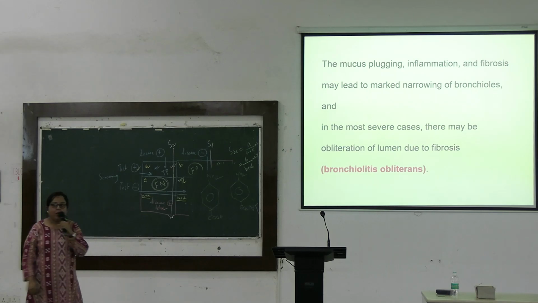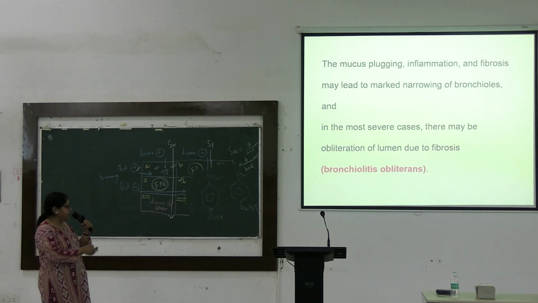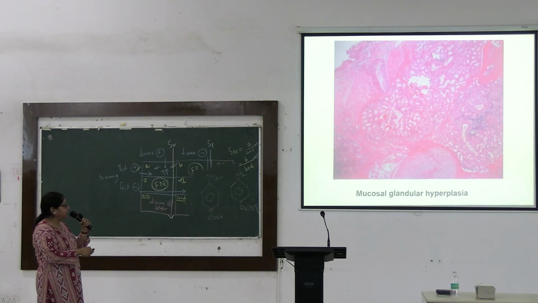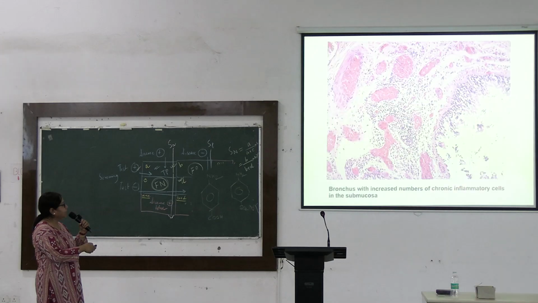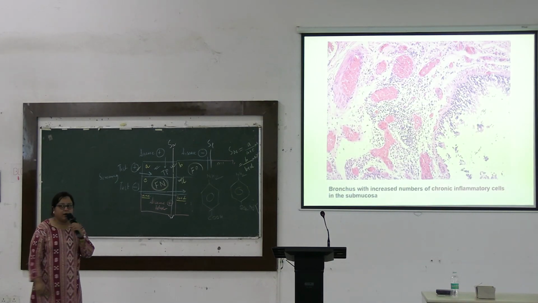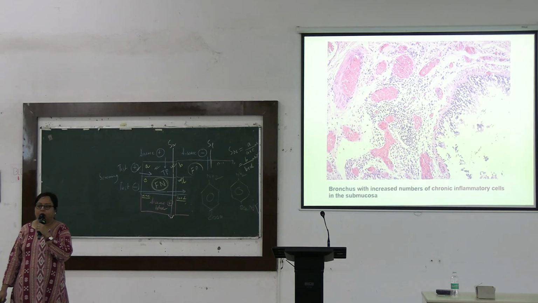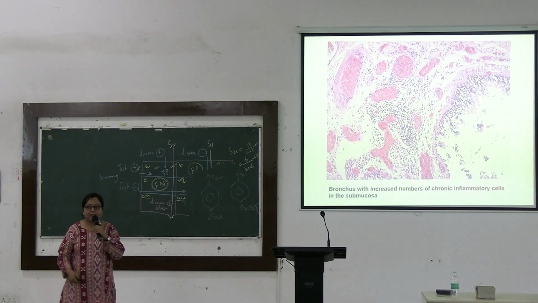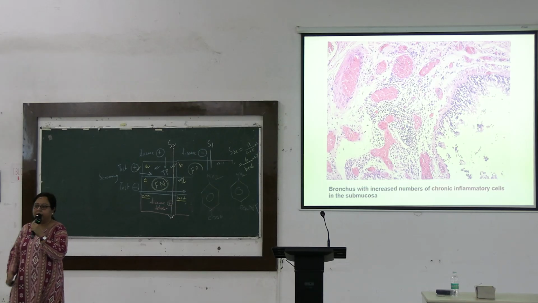So that is called bronchiolitis obliterans. So this is an image of mucosal gland hyperplasia. And here is an image of bronchus with chronic inflammatory cells. Chronic inflammatory cells in the submucosa, lymphocytes, plasma cells, all these are increased.